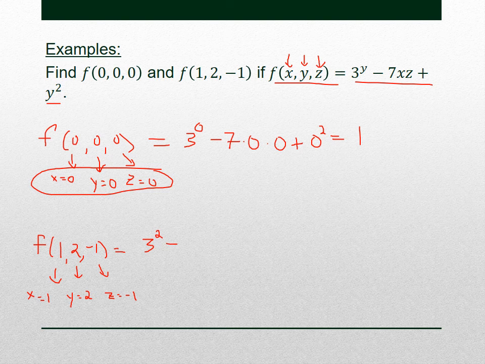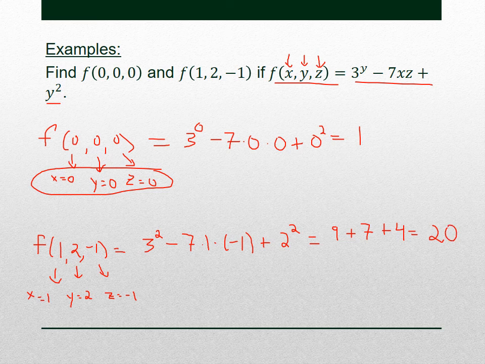Well, y equals 2, so 3 squared minus 7 times x is 1 times z is negative 1 plus y, which is 2 squared. So what is that? Well, 3 squared is 9 minus 7 times 1 times negative 1 is negative 7, so that's going to become plus 7 plus 2 squared is 4.